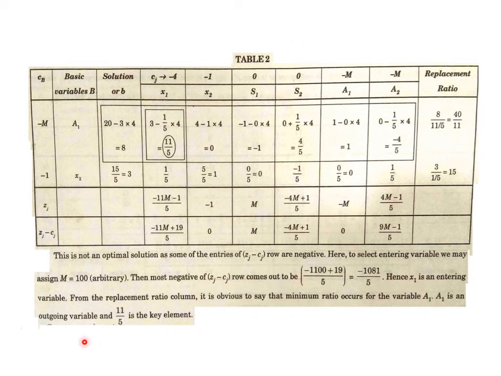Like A1 is outgoing from here, and in table 3, if we wish, we can cancel column A1. If you want to make this column, it's alright. So it is about table 2, and the outputs of that: the variable x1 will be the entering one, capital A1 will be the outgoing one, and then the key element, key row, etc., which we will use to make table 3 in the next slide.